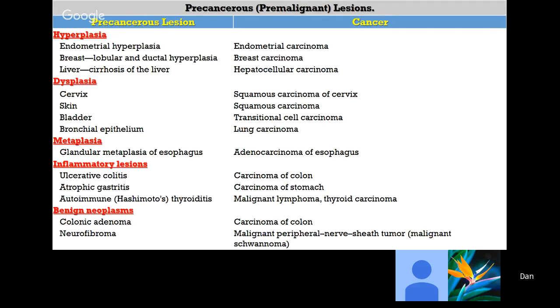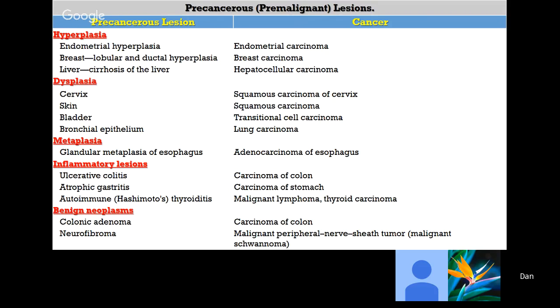So the most important dysplasias that can become cancerous are around the cervix, skin, bladder, and bronchial epithelium. Especially the bladder. For the bladder, you're going to have many causes, and one of them can be dye, or it can be schistosomiasis, which is a parasite that invades the bladder that you see in some areas in Africa or South America, and that can be destructive.